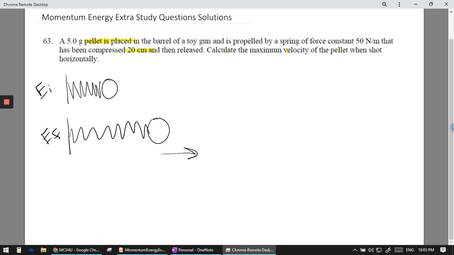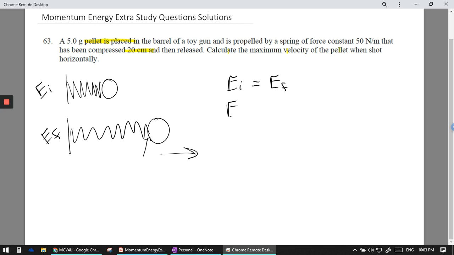And it's kind of like after it's just left this spring here, okay, then we pause the question and we say, okay, well, what is the velocity that that thing has? Well, as it turns out, the spring energy that the spring had gets fully converted over, due to the law of conservation of energy, over to kinetic energy. So this initial energy that we had should equal this final energy due to the law of conservation of energy.